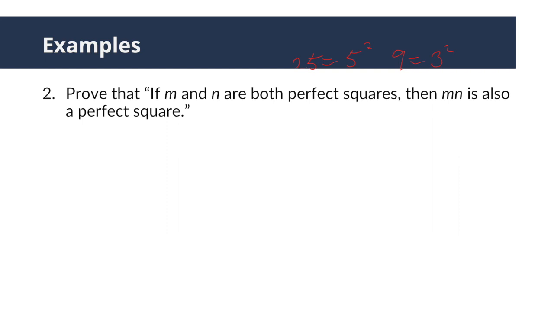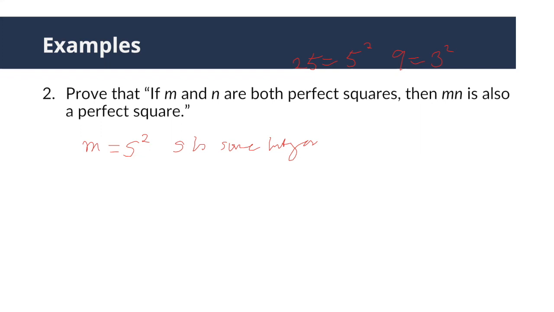The hypothesis is m and n are both perfect squares. The conclusion is m times n is also a perfect square. Again, we'll start from definition because that's the only thing we have now. Since m is a perfect square, we know that m can be represented by s squared, where s is some integer.